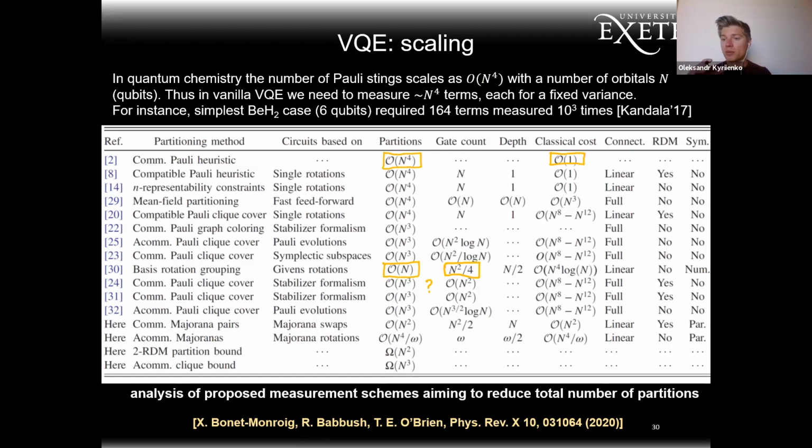Each needs to be sampled separately, so that's a huge measurement overhead. But each time you sample, it's easy. You don't apply gates apart from single qubit rotations to fix the basis. So you have many terms to measure, but easy. So probably not the classical cost, but the depth is just 1.